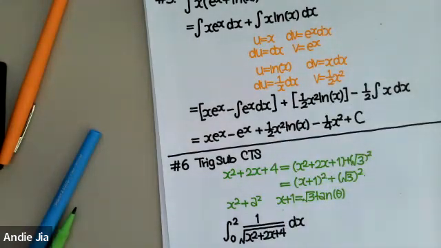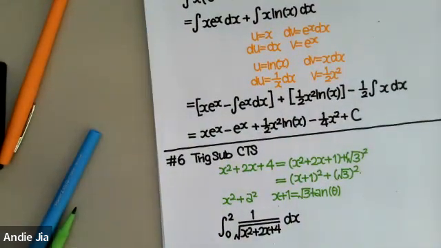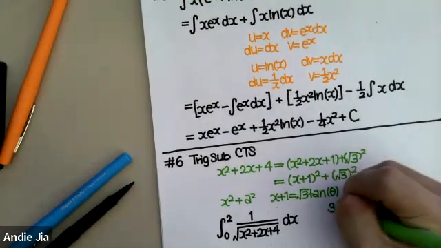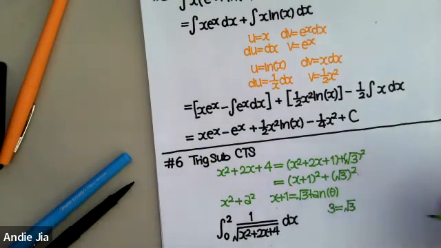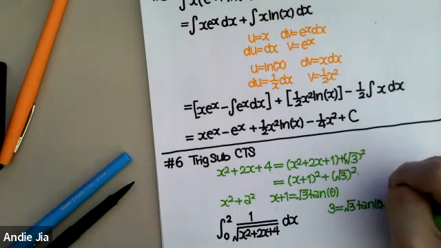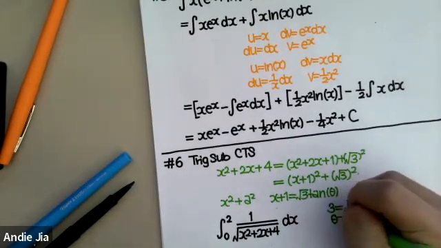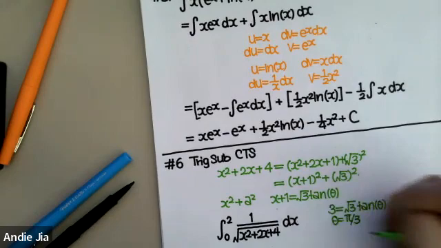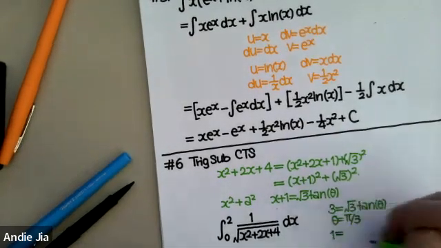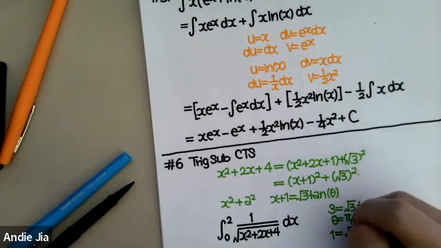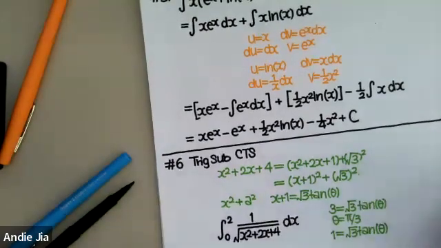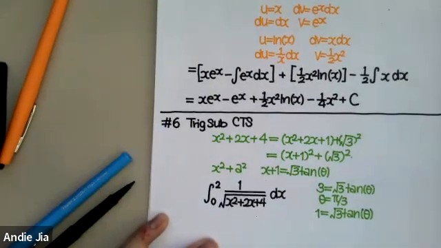So for theta, upper bound is pi over 3. So if 3 equals radical 3 of tangent of theta, then theta is pi over 3. If 1, it is square root 3 tangent of theta, then what is the lower bound?